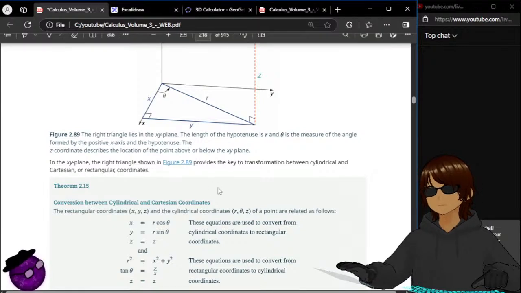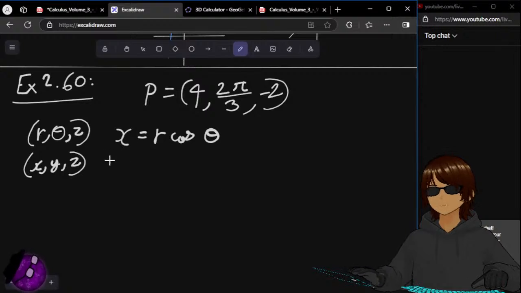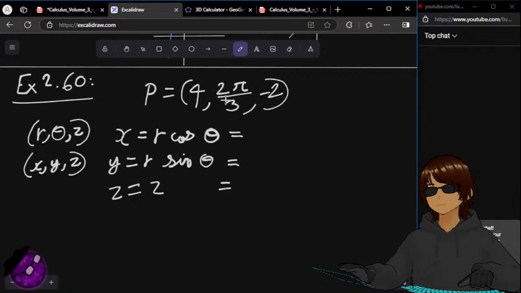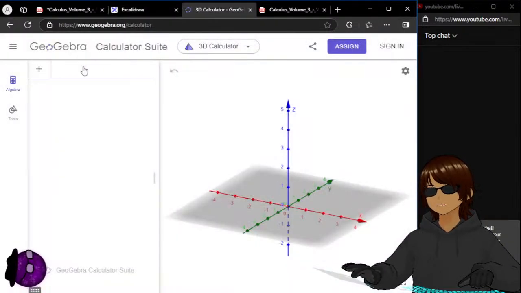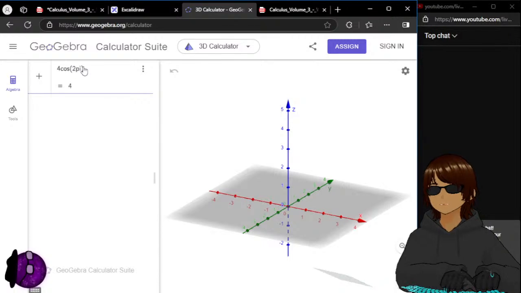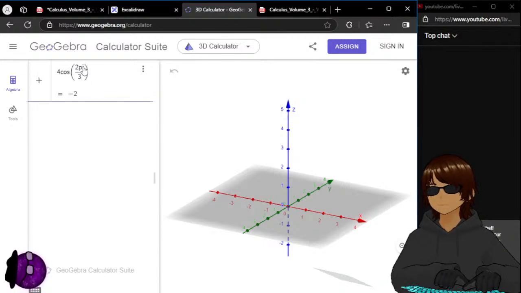Y is r sin theta, and then z is the same. So then we have 4 times cos 2 pi over 3.